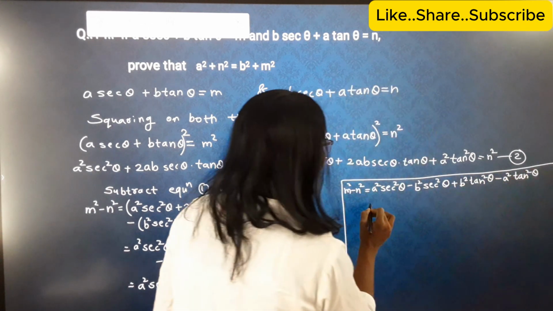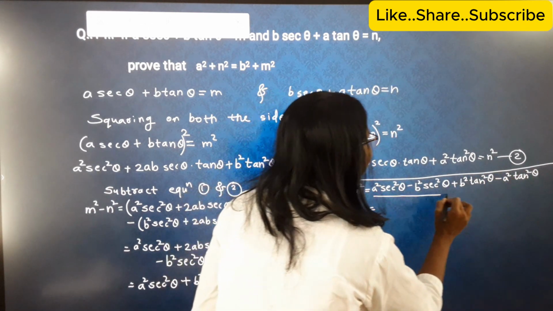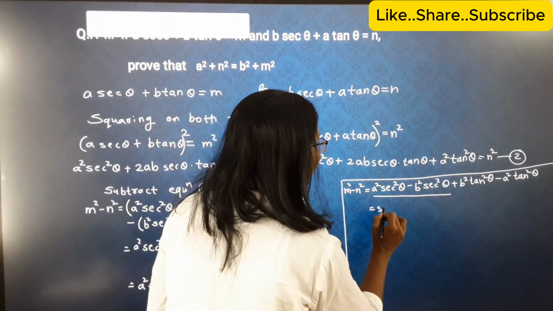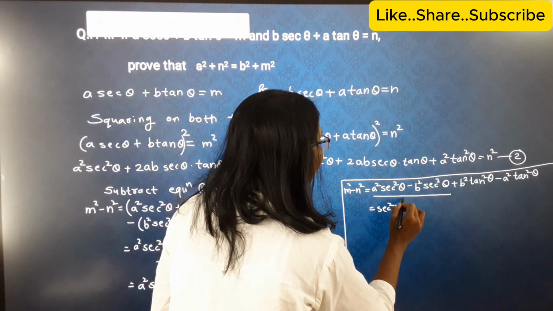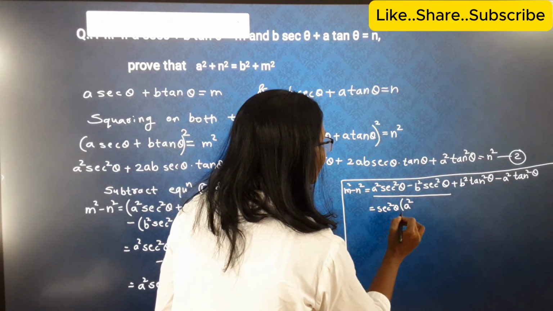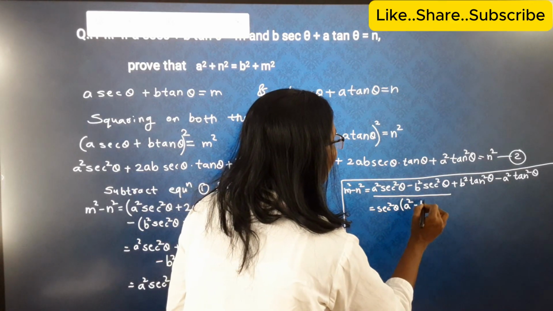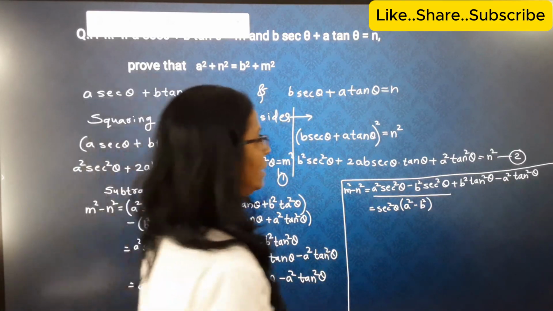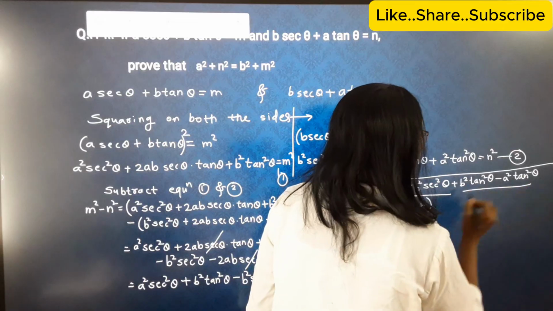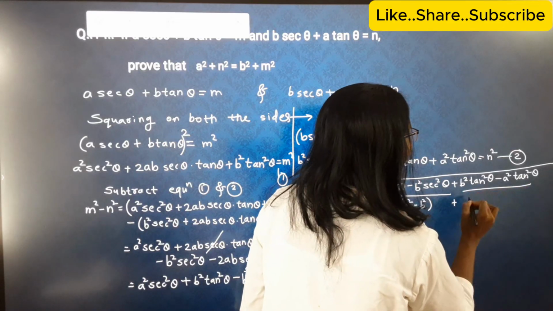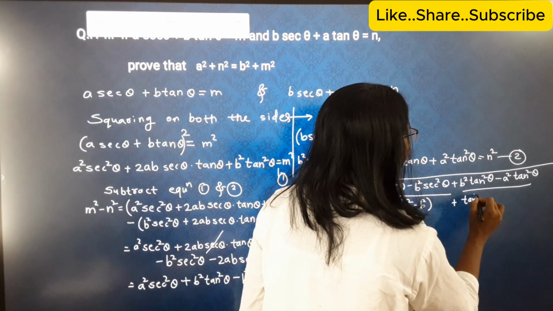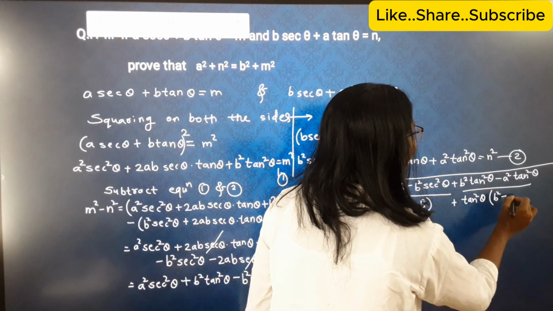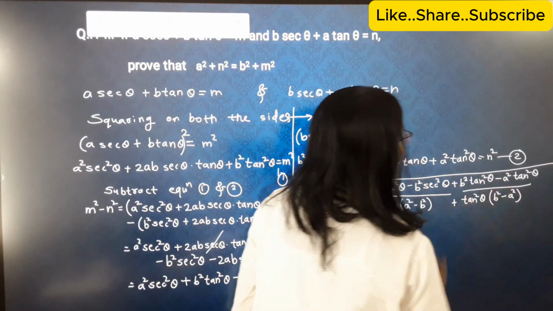Taking the first two terms, sec square theta is common, so sec square theta into a square minus b square. Then taking the next two terms, tan square theta is common, and in the bracket we write b square minus a square.